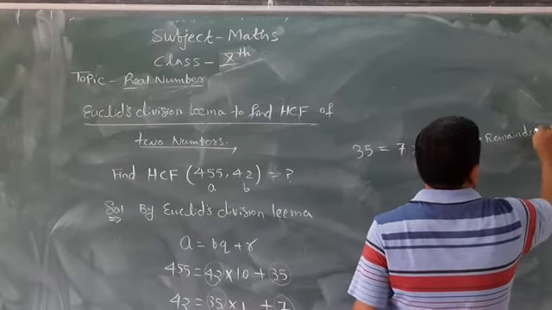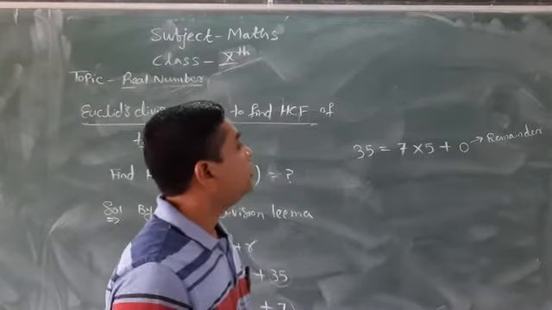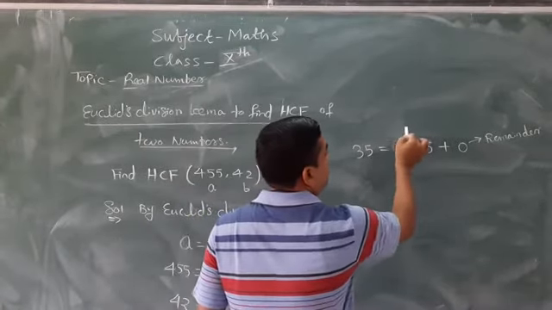So where we are getting the remainder 0, at that stage, the value of the divisor will be the HCF.